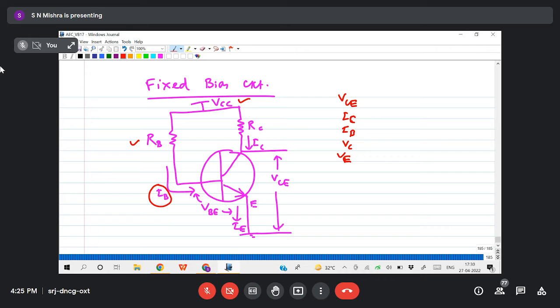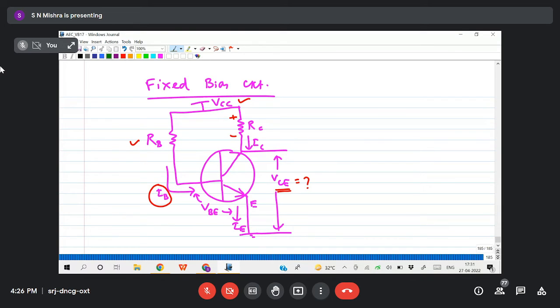First you have to draw the circuit, because the circuit is not given in this question. Then you have to find all these parameters. So how to solve? Very simple. I need to find out VCE, the voltage between collector and emitter, which equals the supply voltage minus the drop across RC. Yes or no?